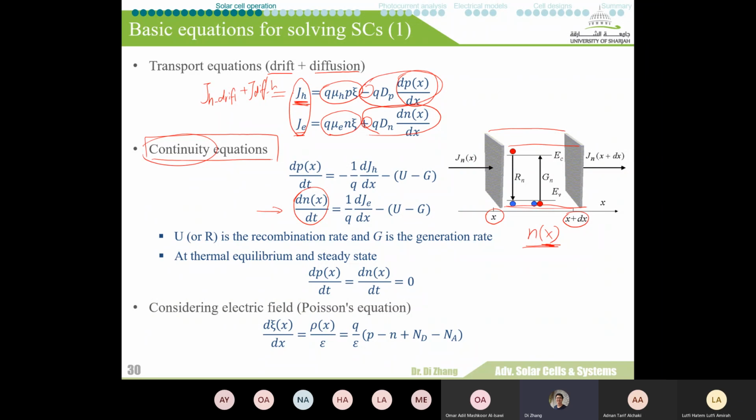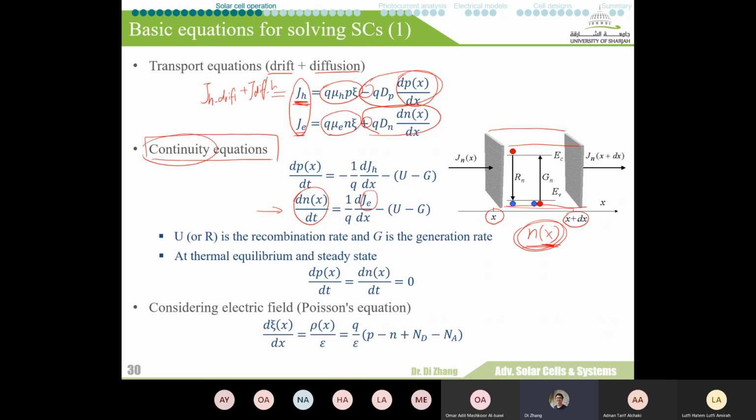So what are the major contributions that will change the electron concentration in this small volume? We talked about several phenomena from before. One of them is, of course, the electron current. If you have a certain magnitude of electron current going through this small volume, the larger the current you have, obviously this will contribute to the concentration of electrons in this small volume.